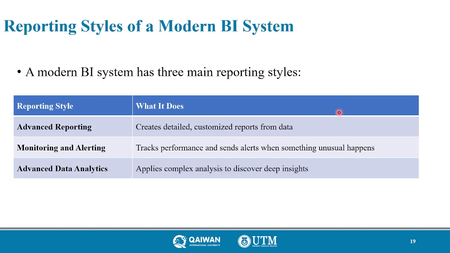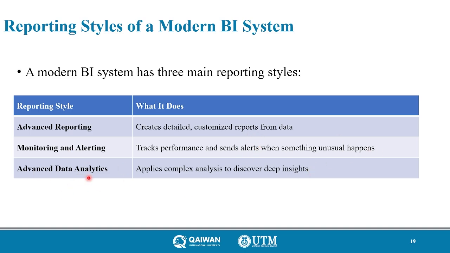Now, in the reporting style of a modern BI system, we have three types of report: advanced reporting, monitoring and alerting, advanced data analytics. Now, advanced reporting creates a detailed or customized report from data. Monitoring and alerting tracks performance and sends alerts, or instead of alert, we could also say notification, when something unusual happens.